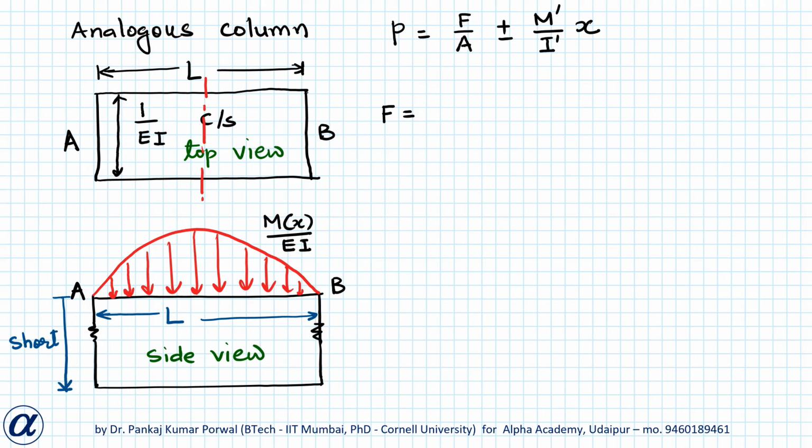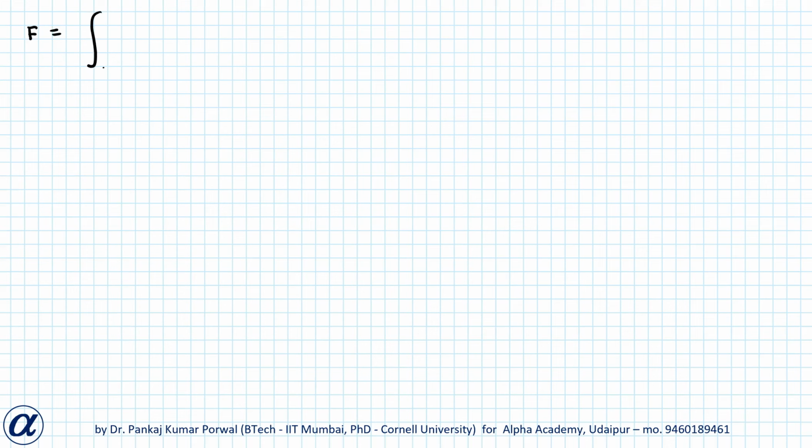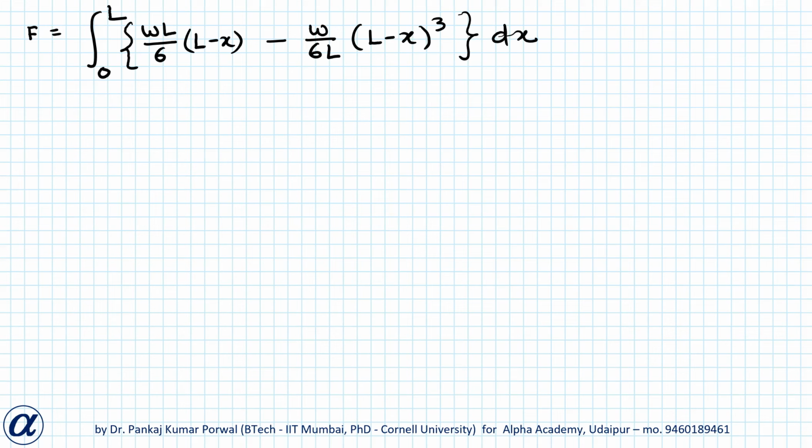F will be the area under this load that I can find by integrating from 0 to L Mx upon EI dx. So let's move to the next slide and I'll evaluate this integral. So F equals integral 0 to L, Mx is WL by 6 (L minus x) minus W by 6L (L minus x) cube dx, and 1 upon EI I will take out.